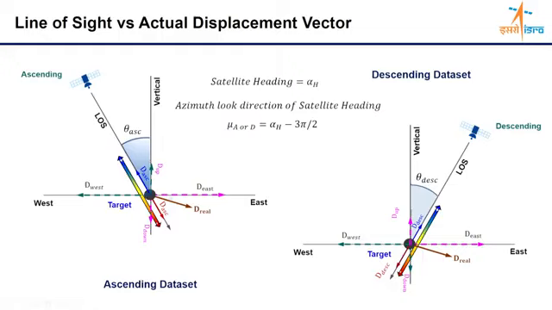So this real displacement vector can be expressed in terms of three components: one along the east-west direction, another along the north-south direction, and the third along the up and down direction.